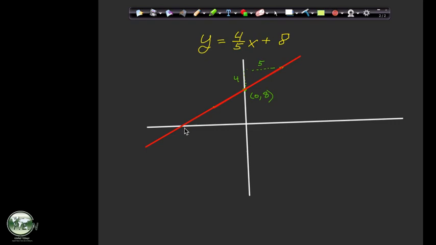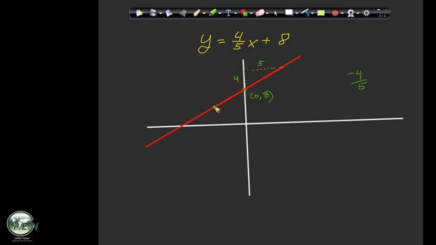I'm sorry, if it was a negative, we would have gone down? Yeah, so if the slope had been, say, negative 4/5, then we would have gone down 4 and over 5, so it would be going down, right?